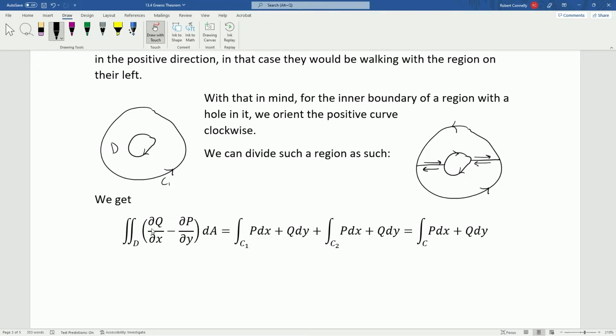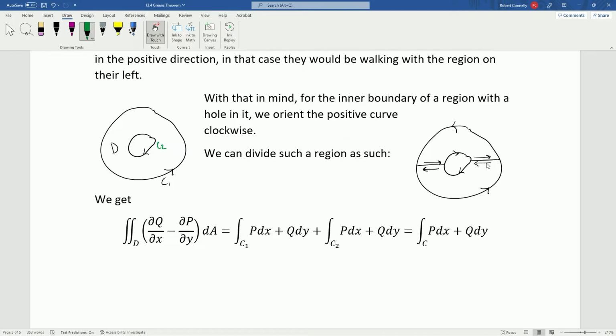And so, what does that tell us? That tells us that Green's theorem gives us the double integral of dQ/dx minus dP/dy dA equals the sum of the integrals of P dx plus Q dy over both curves C1 and C2, with C2 being the inner boundary. And that works because these boundaries that cross from the outer to inner are going to cancel each other out, right?